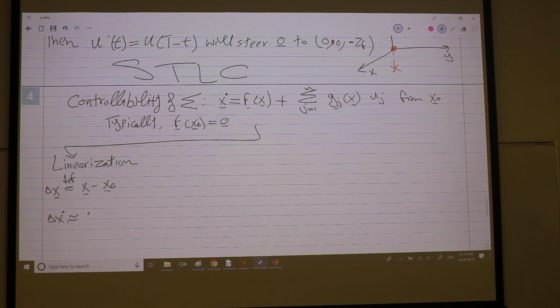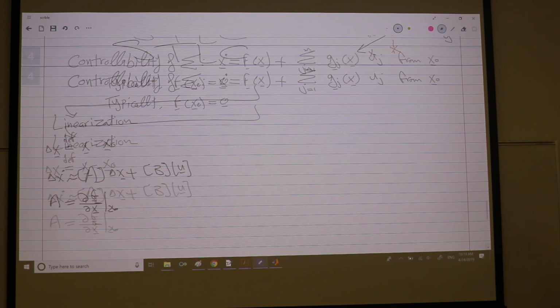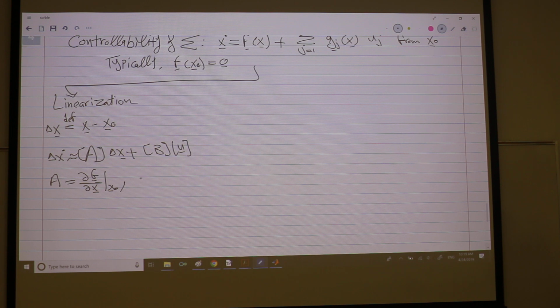So this is A times delta x plus B times u, where A is the Jacobian of your dynamics at x0, so just a bunch of numbers, right? And B is a bunch of vectors b1 up to bm, where each b is just your g evaluated at x0. Okay?